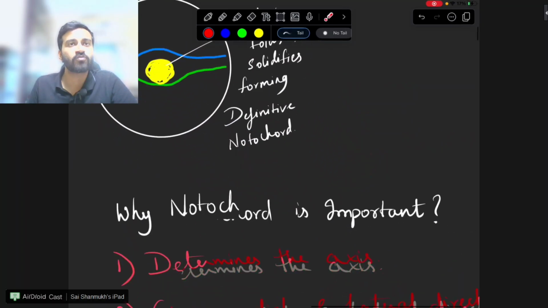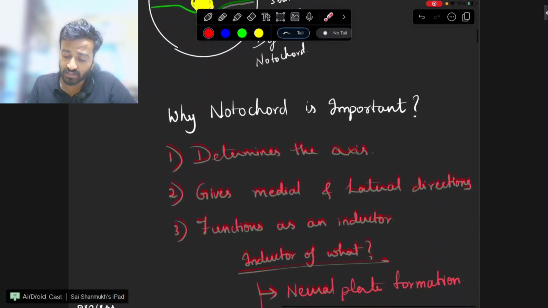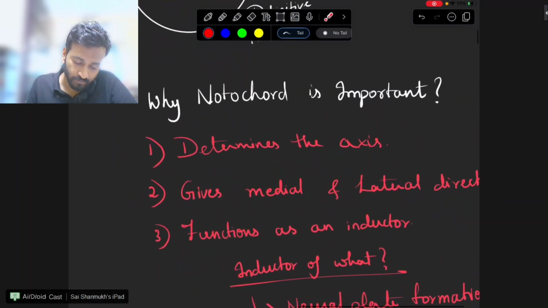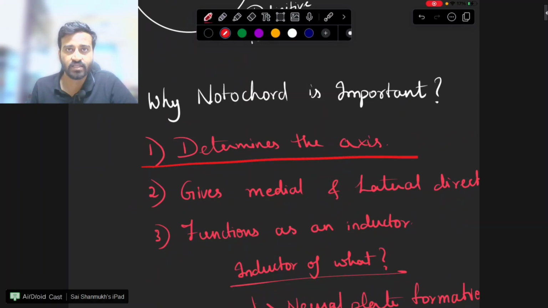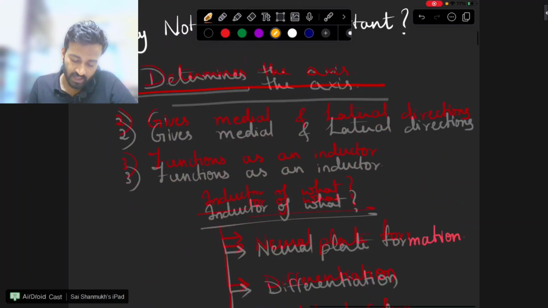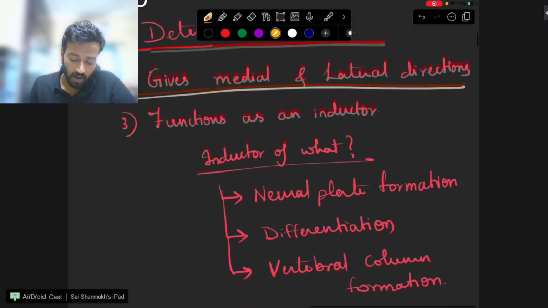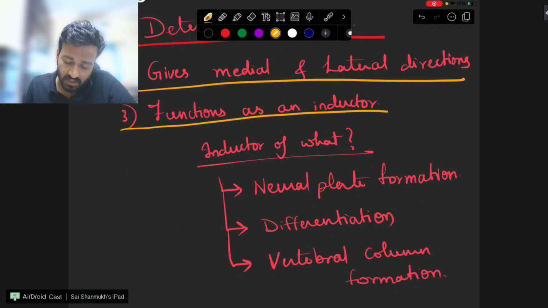Why is notochord formation such an important step? It is because, you can see here, it determines the axis, point number one, and it gives medial and lateral directions in a developing embryo, and it functions as an inductor. Inducting what exactly?